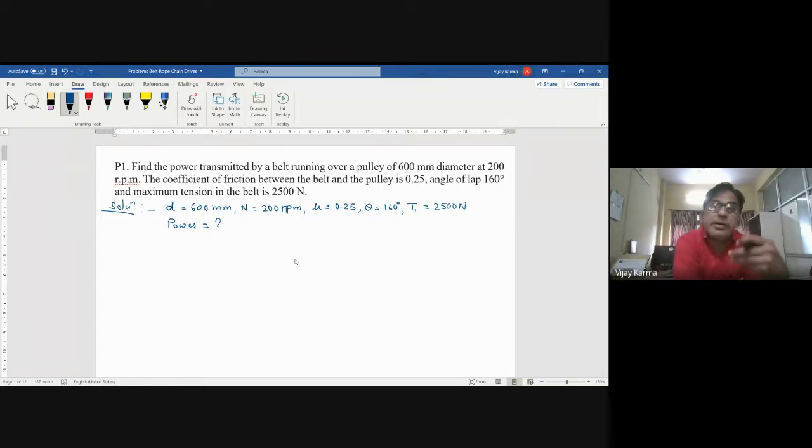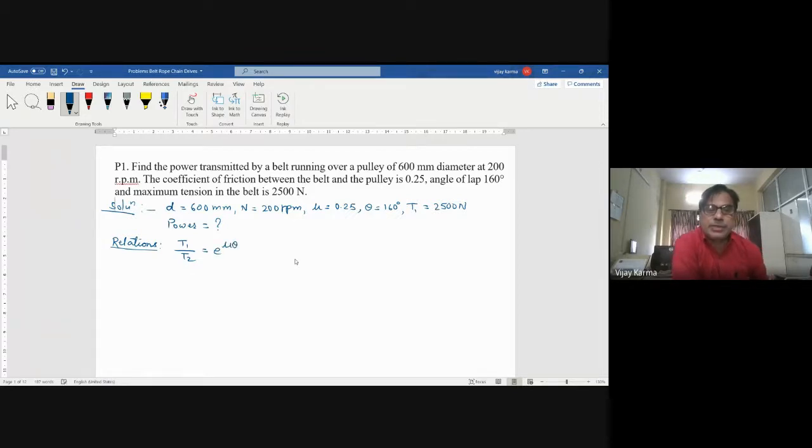Now what relations do we have regarding this belt drive? The relations are here. We know the ratio of belt tension: T1 upon T2 is equal to e to the power mu theta.